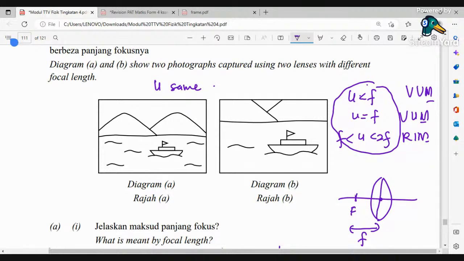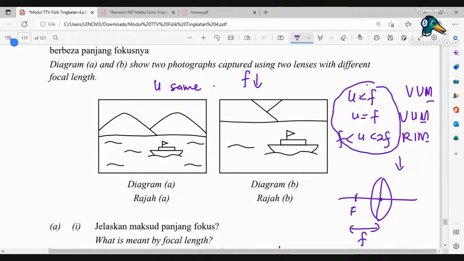So if U same, if you use lenses with longer focal length, contohnya, okay, focal length lebih pendek. Okay, kalau focal length lebih pendek, F smaller. So you punya object distance akan pergi lagi ke bawah, lebih besar lah maksudnya kan. Jadi you dapat image smaller.